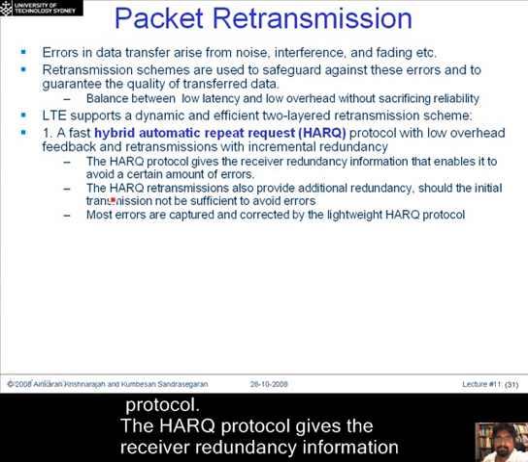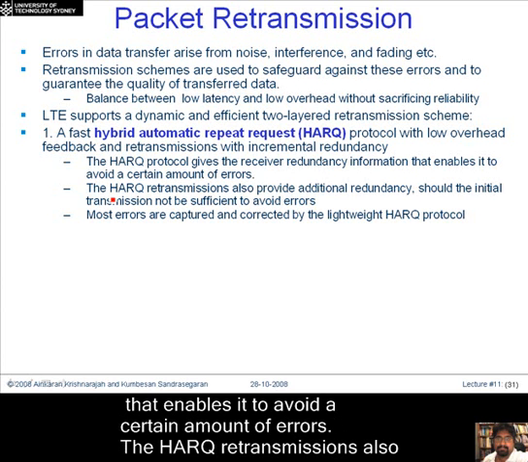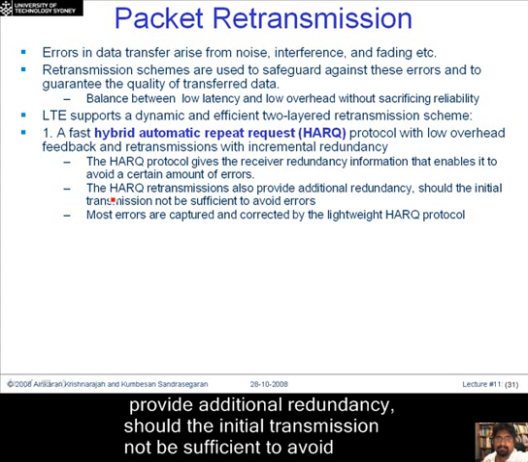what the HARQ protocol does is it does transmit some overhead. It gives the receiver some redundancy information that enables it to correct very simple errors. So if there are very simple errors in the data that is received, maybe if 1 or 2 bits are in error, maybe it has the capability to correct those errors.